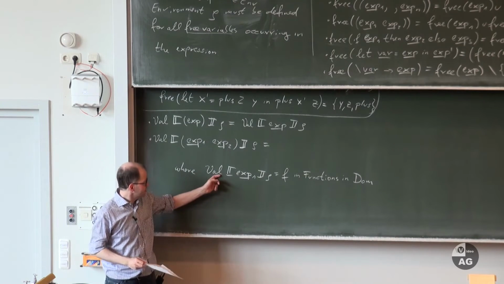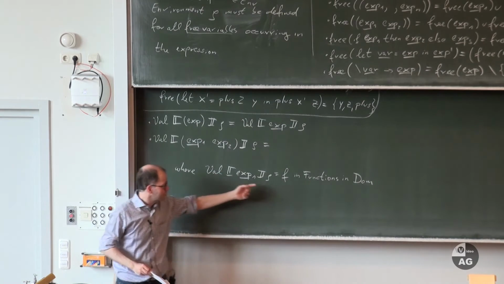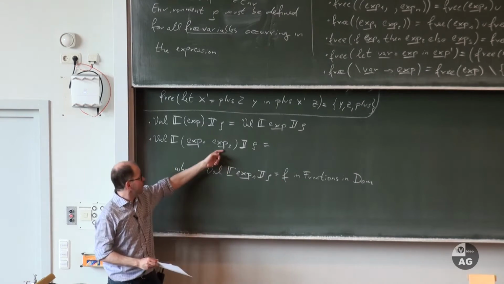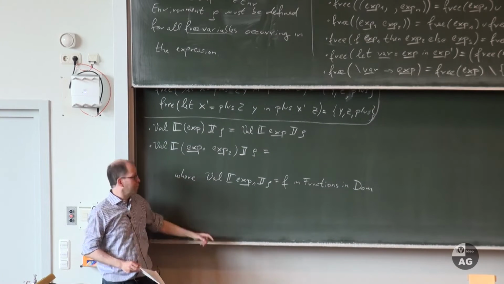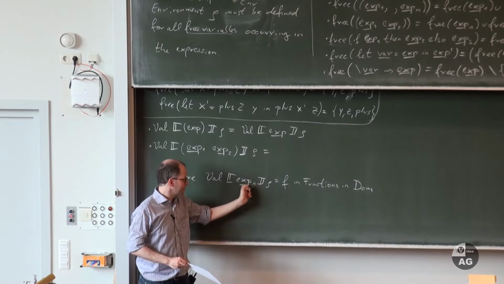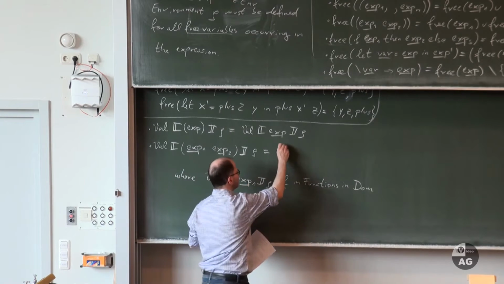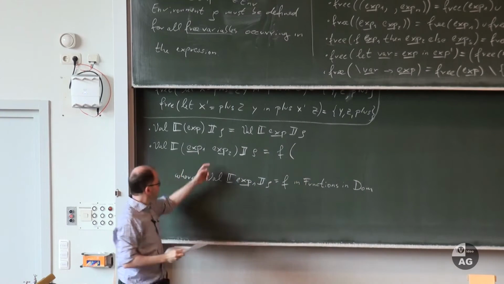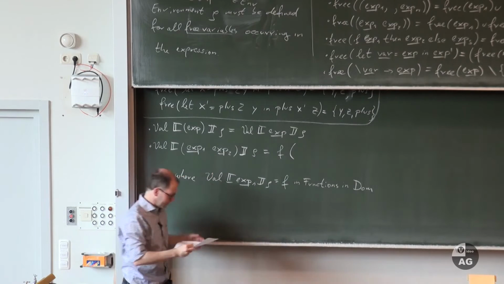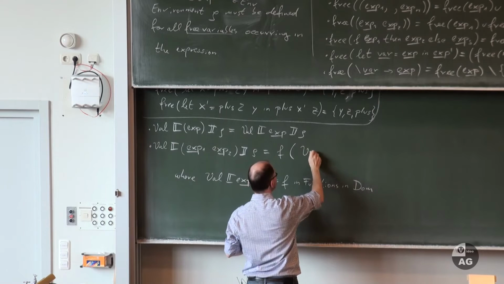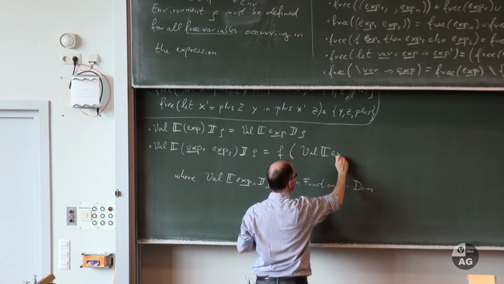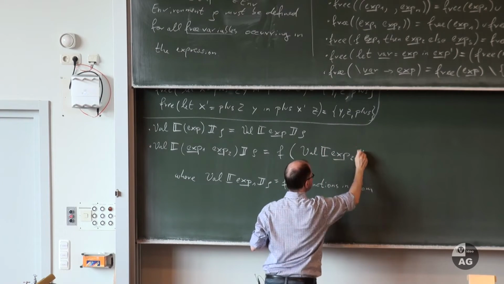And if we know the semantics of x1, which is this function f, how can we get the semantics of this whole thing? Well, we have to apply the semantics of x1, so we have to apply f to the semantics of x2. So f is applied to the semantics of x2.